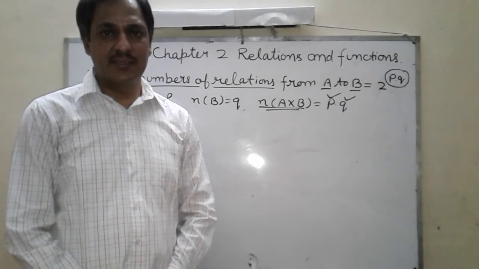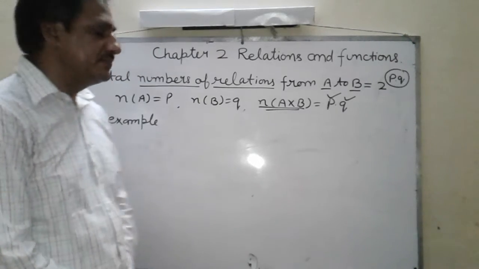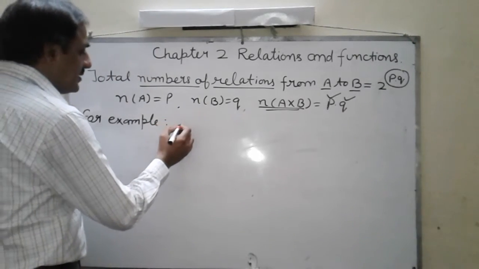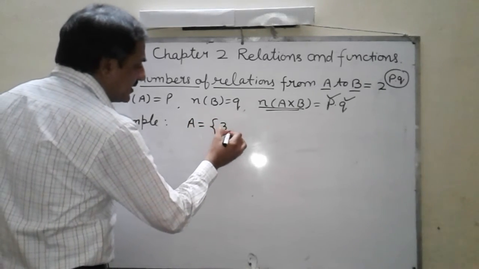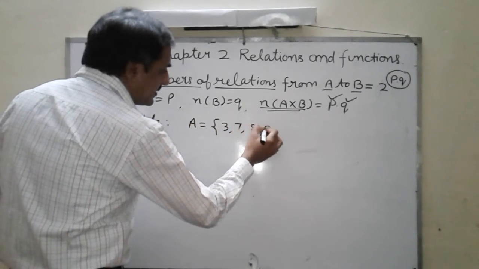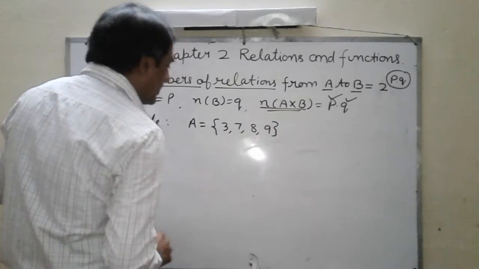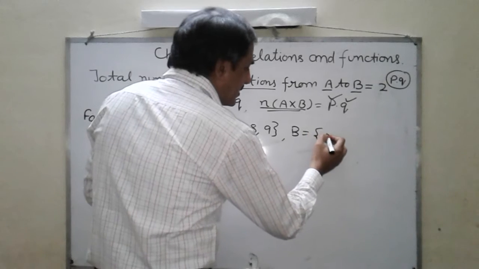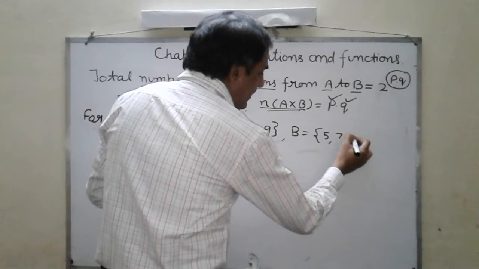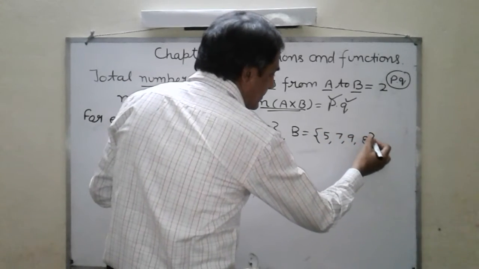Now I am going to write the next question. We are going to take the next question. A is equal to 3, 7, 8, 9 and set B is equal to 5, 7, 9, 8.